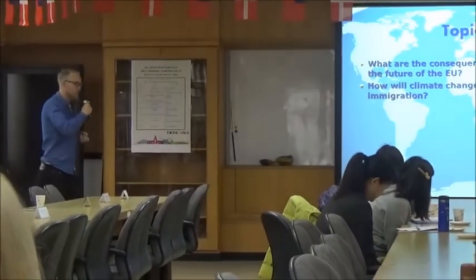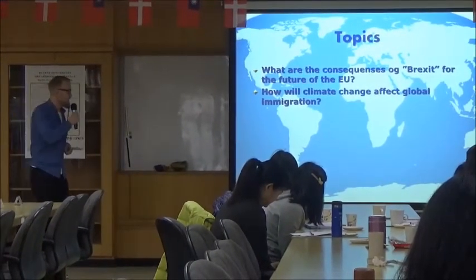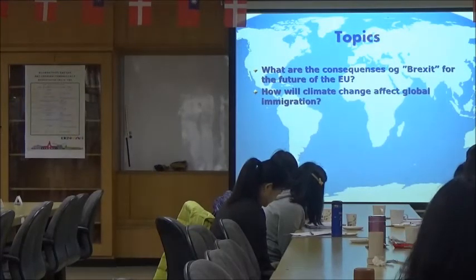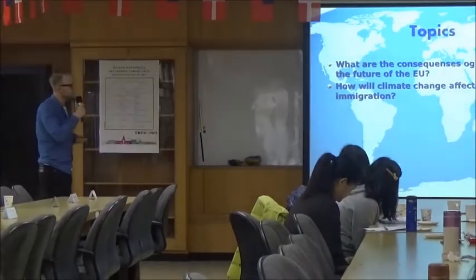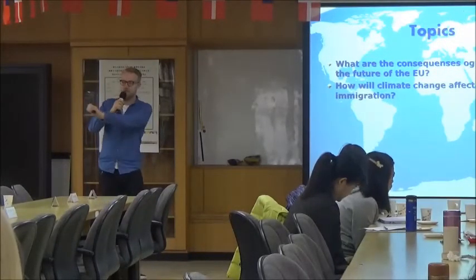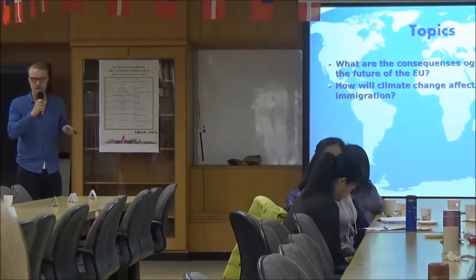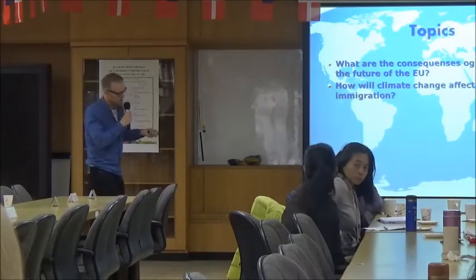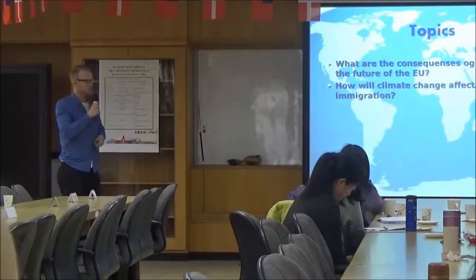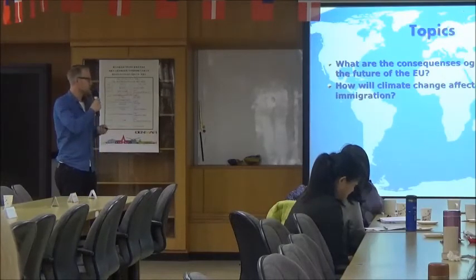And then we also have something about how climate change will affect global immigration. For example, we get a lot of refugees in Denmark from, as Flemming said, that was over here, sorry, we get a lot of refugees from Northern Africa. And why do they come to Denmark? Well, that's because of water shortages and so on. So we study the global immigration patterns.